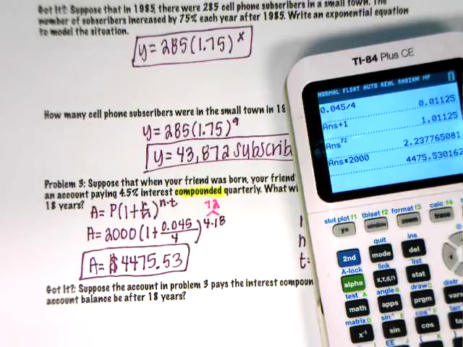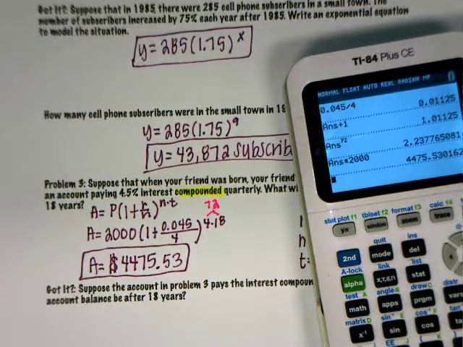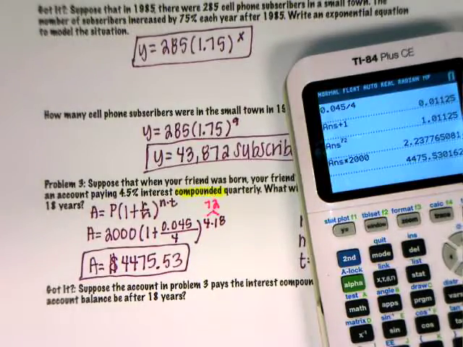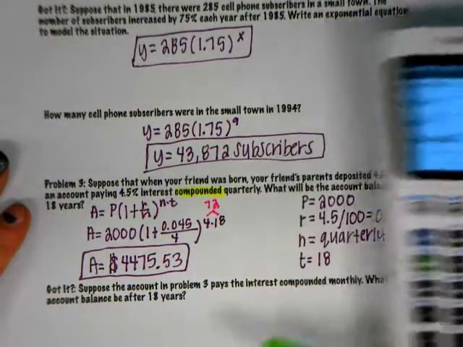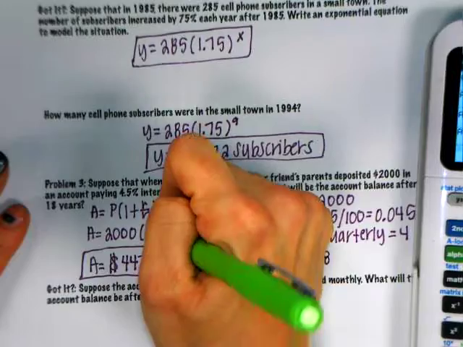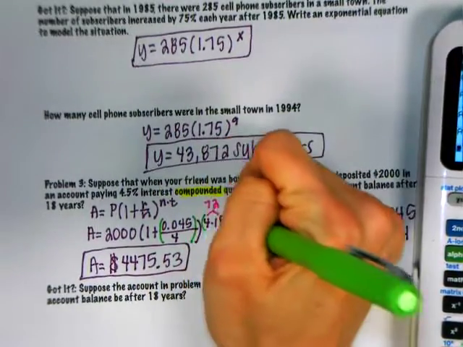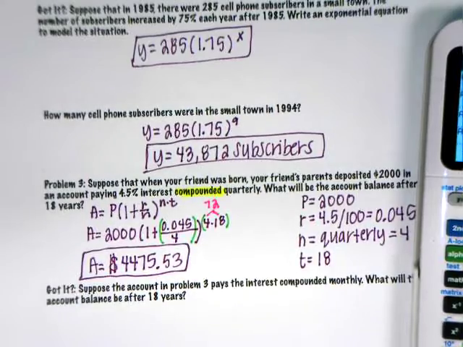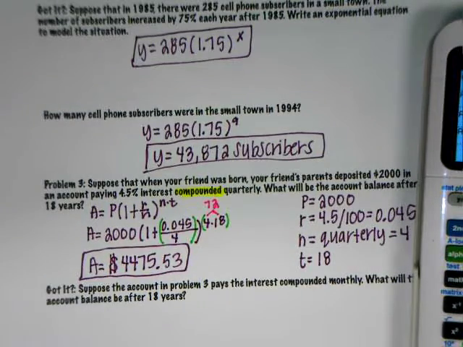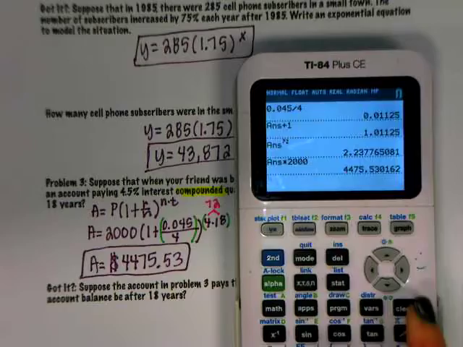If you would like to put the whole thing straight into the calculator, you're going to have to add an extra set of parentheses around this fraction and an extra set around this exponent to keep those together, so your calculator does it in the right order. Here's what it would look like.